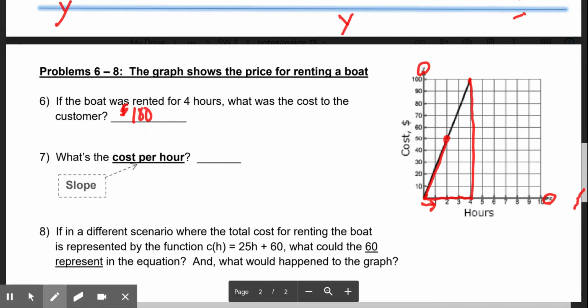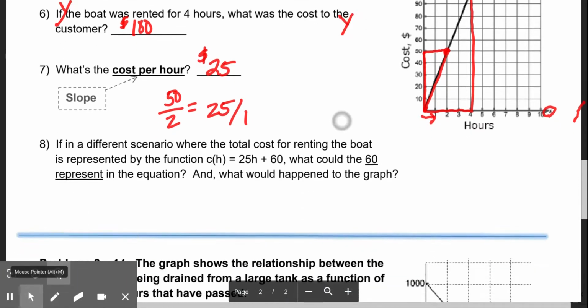So I'm going to rise 50 and I'm going to run 2. So basically that's 50 divided by 2. $50 divided by 2 hours gives us $25 per 1 hour. So the cost per hour would be $25.